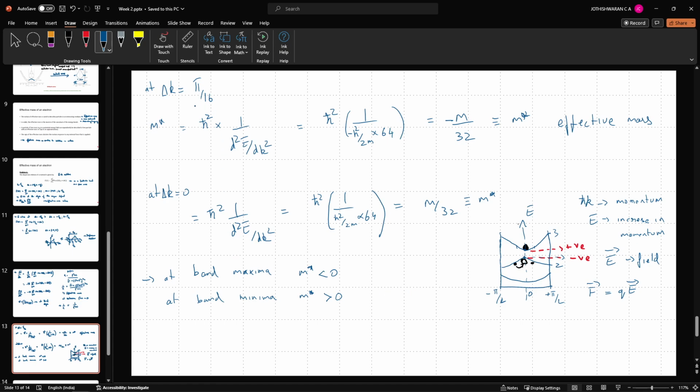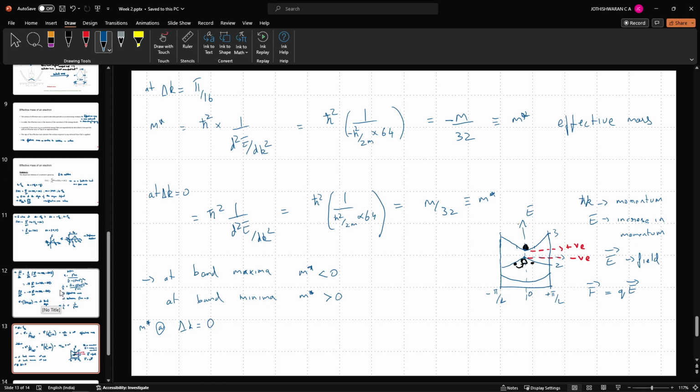One final thing, let us look at the effective mass: what happens to m star at delta K equal to 0?